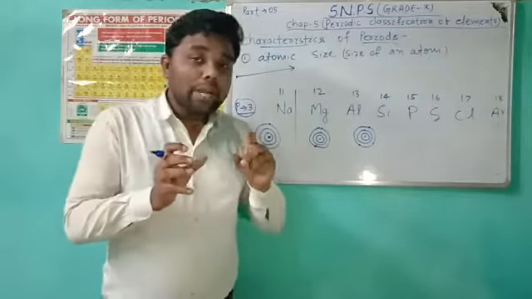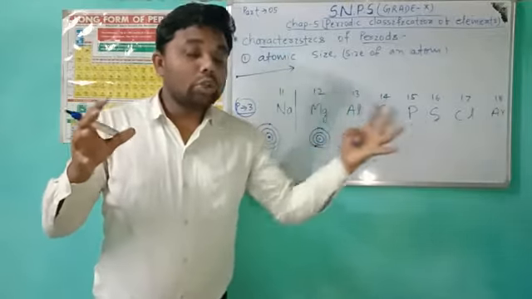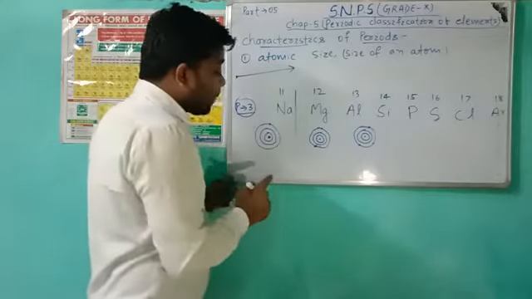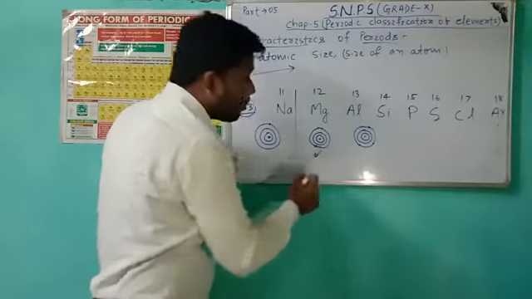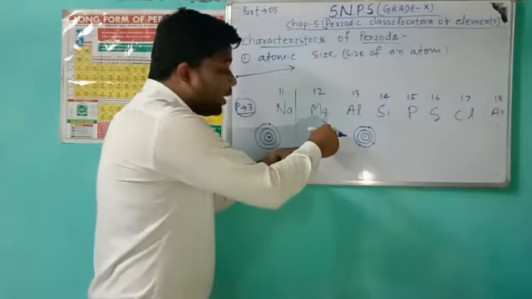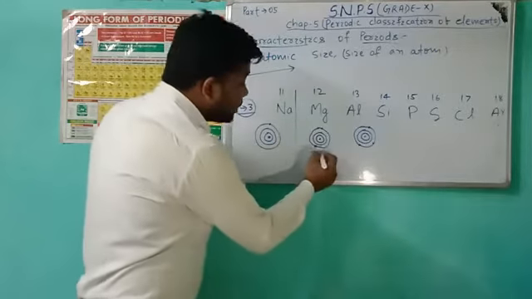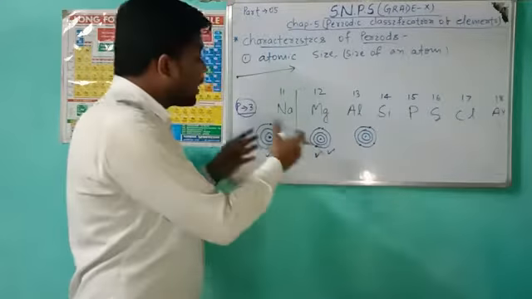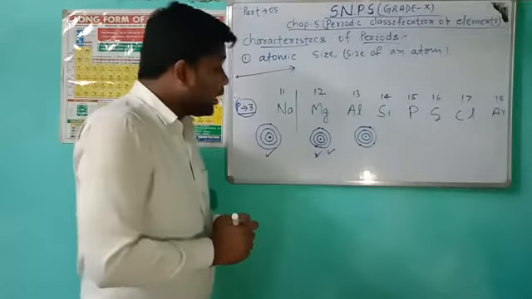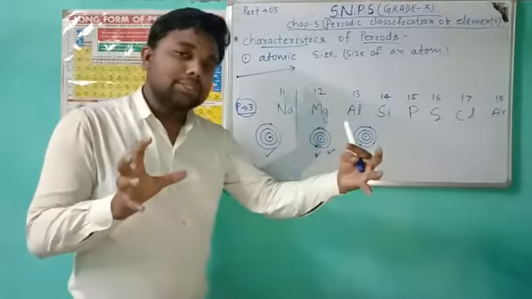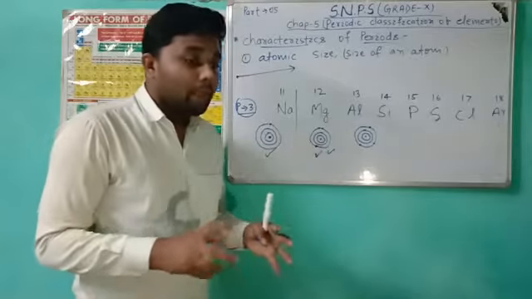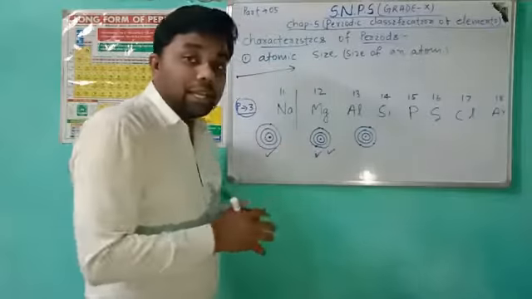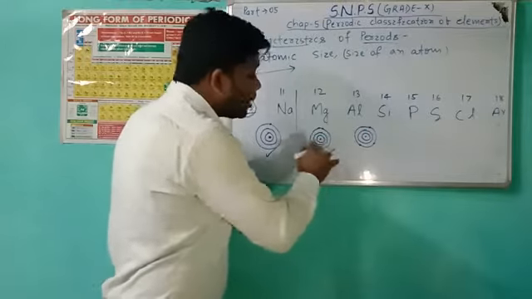When the protons attract the outermost shell's electrons, the attraction force of magnesium's nucleus on the outermost electrons is greater than in sodium. Magnesium has greater force than sodium. So when the nucleus attracts the electrons more, it exerts more force, and naturally the size of an atom shrinks.